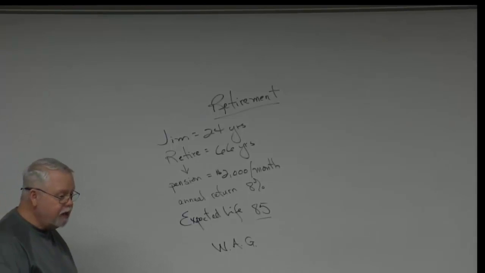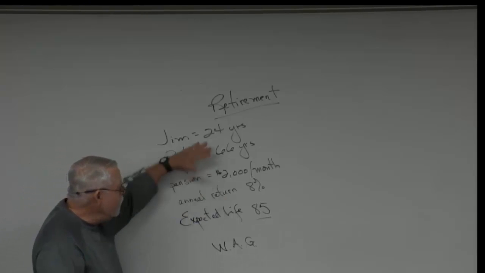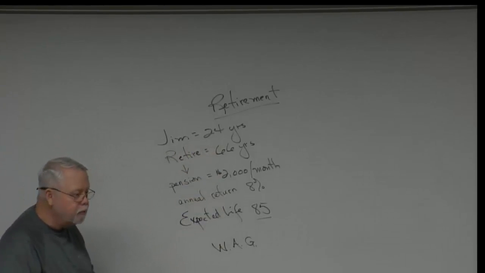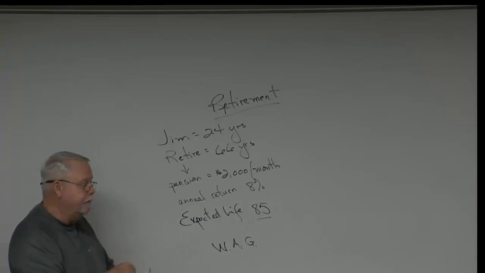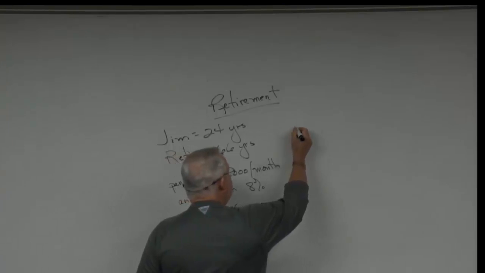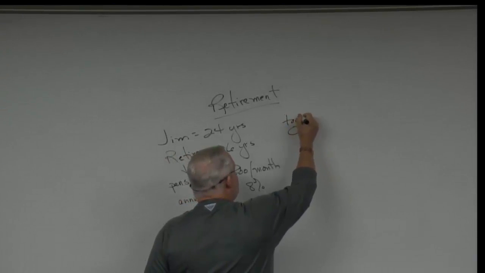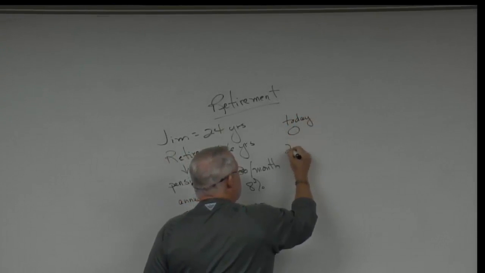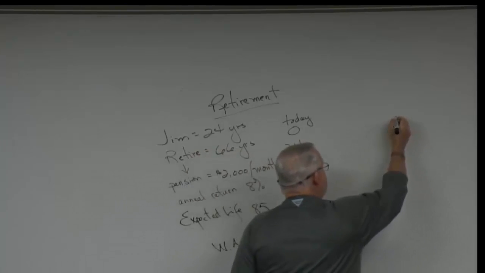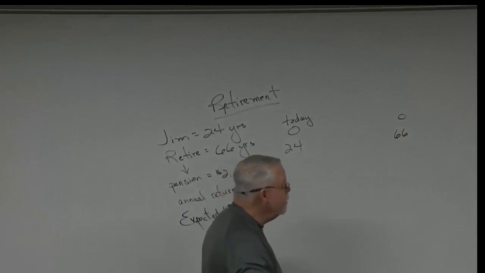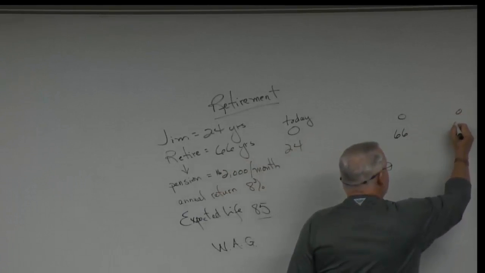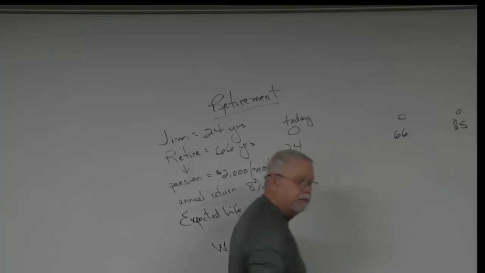It's just a guess, but at least it gives us an approximation. The reason I think this is a premier problem is because you have to know how to interpret it, how to look at it. So if you imagine Jim today at age 24, imagine Jim at age 66 when he retires, and then imagine him at age 85 when he passes.